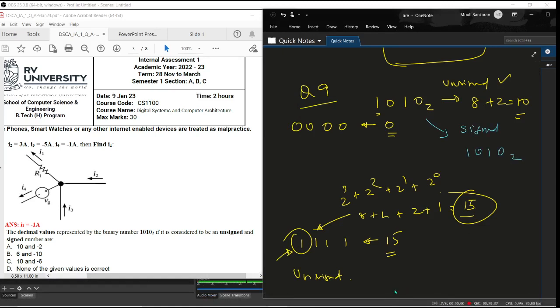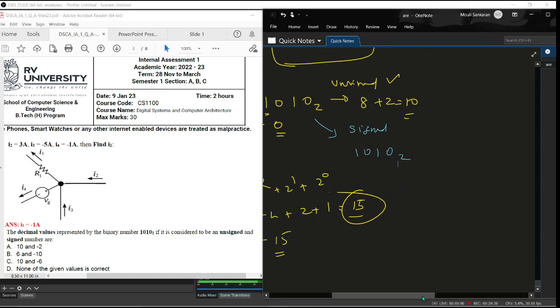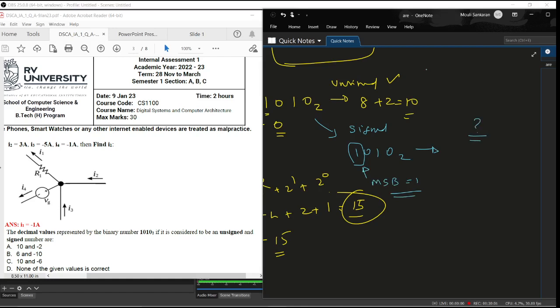So let me take more space here. Then if we need to find the actual value of this, we need to find a 2's complement, because this MSB is 1. I'm having a 4-bit number, so this most significant bit is 1. So it's a negative number. If I want to know the actual decimal equivalent of this, I need to find the 2's complement.